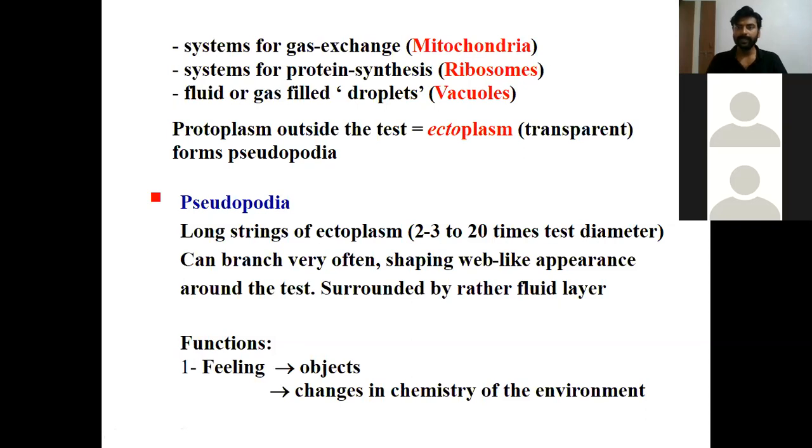Okay, so these pseudopodia have a typical length of 2 to 3 times, or even 20 times, the test diameter. Suppose the test is 1 millimeter, then the length of the pseudopodia might go up to 20 millimeters.